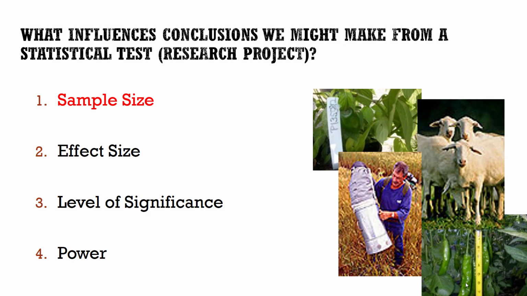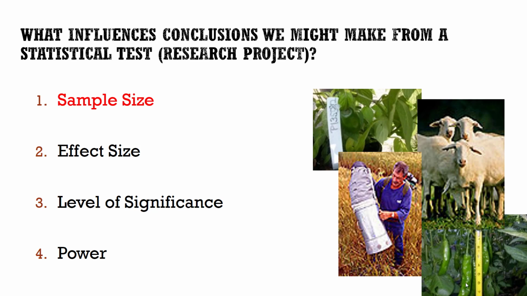The second concept is the effect size. This really refers to the magnitude of the effect of one factor on the variable that we are trying to measure. So this could be the effect of our treatment factor on our response variable. So how much of an effect size are we interested in?